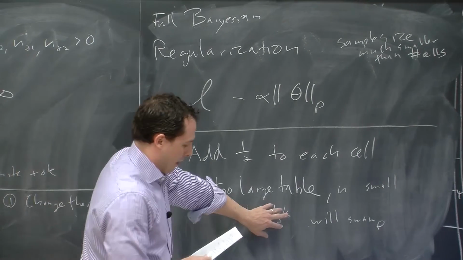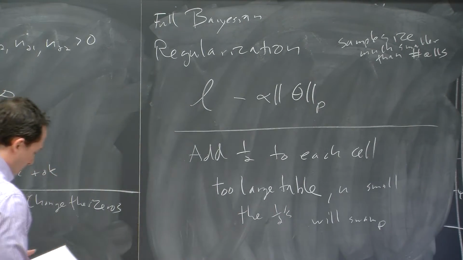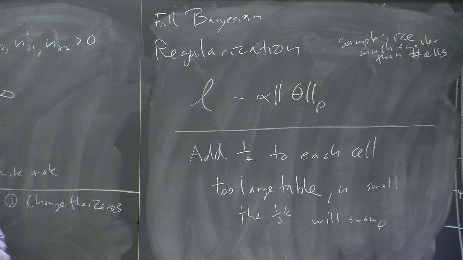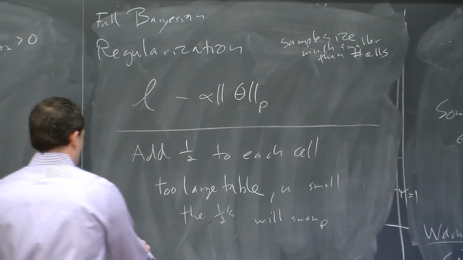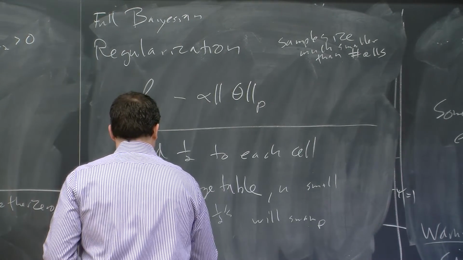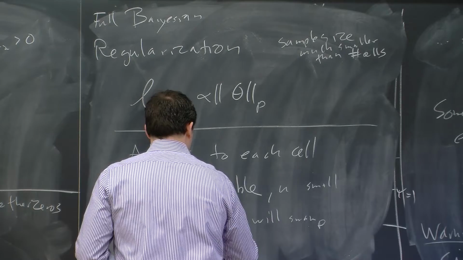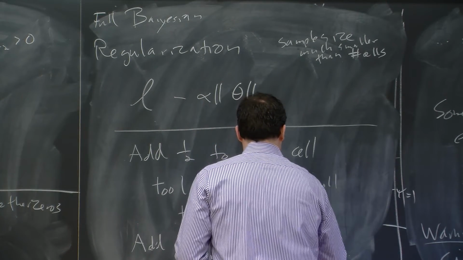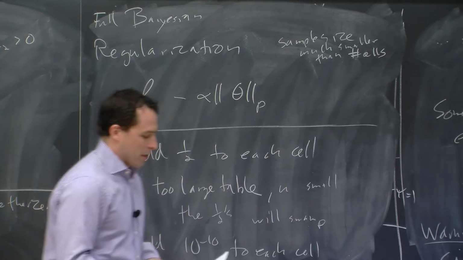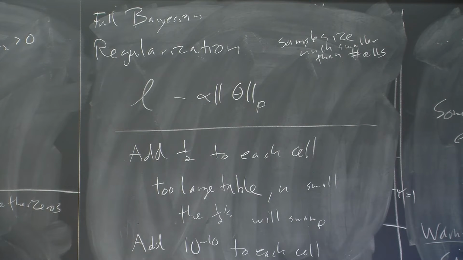So this works best when that's not the case. And of course, it will weaken the effects that we see, and it will weaken the test statistics. And as I said, sometimes your software will add some number like 10 to the minus 10 to each cell, just in order to force it to converge. You have to look carefully at the answers that get spit out to see whether what it produces makes sense.